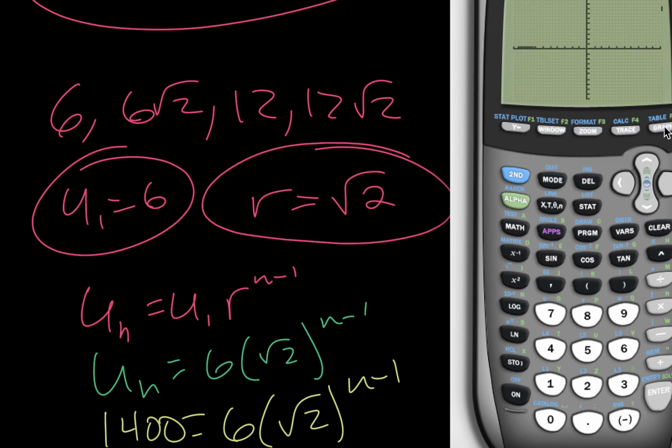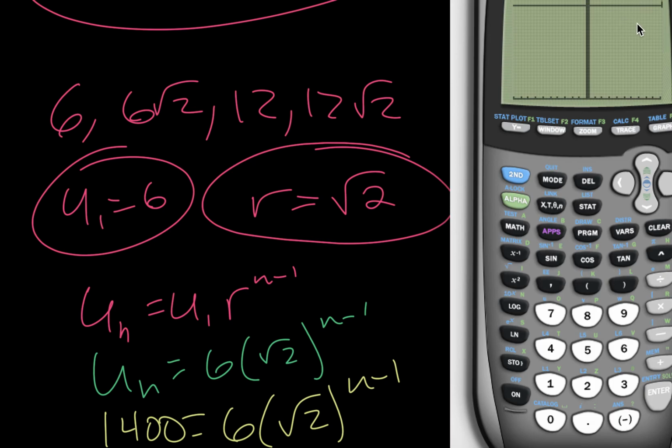Now we're going to graph this, but we're going to have to fix the window because 1400 is not going to show up. So we go to window. We want to make sure we can see on the y-axis 1400. So I'm going to say 1500 for my max, and then regraph it. So there's our line for 1400.